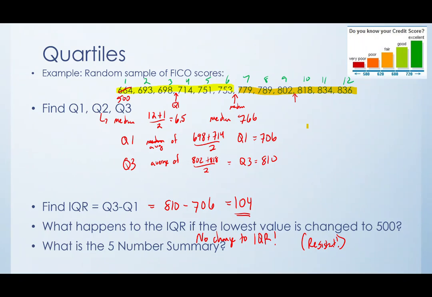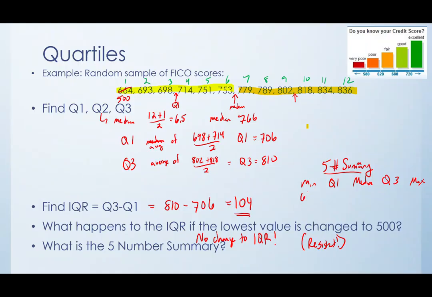What is the 5-number summary? So the 5-number summary, I'm kind of at the bottom, I'm going to have to write it here. 5-number summary, put 2 M's in there, is the min, the Q1, the median, the Q3, and the max. And this kind of paints a picture with just 5 numbers, no matter how big your data set is.